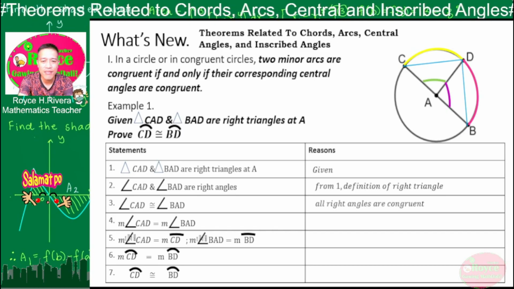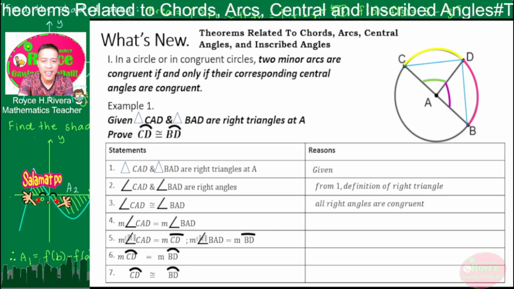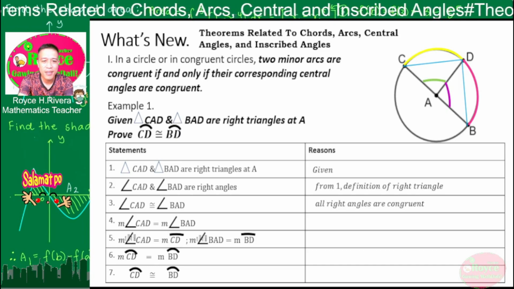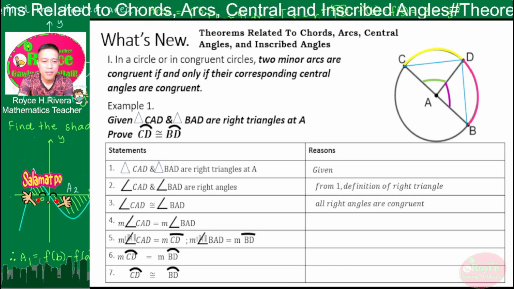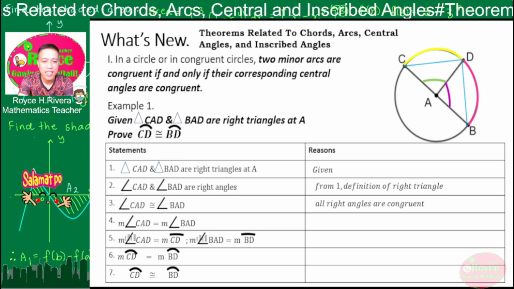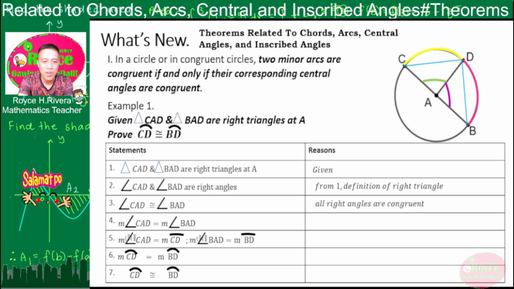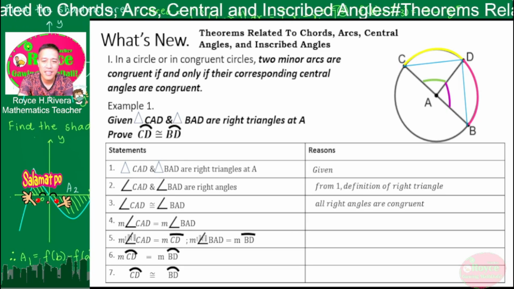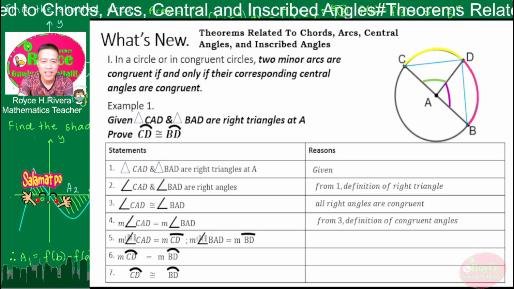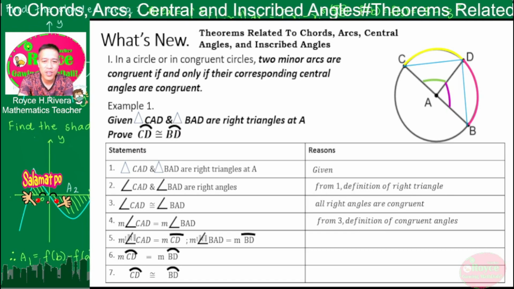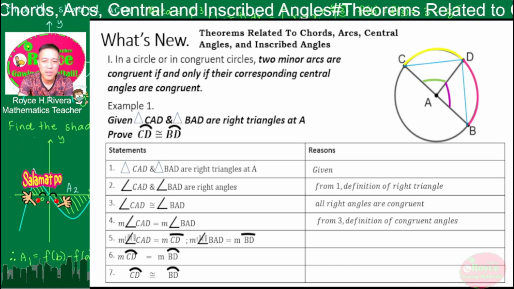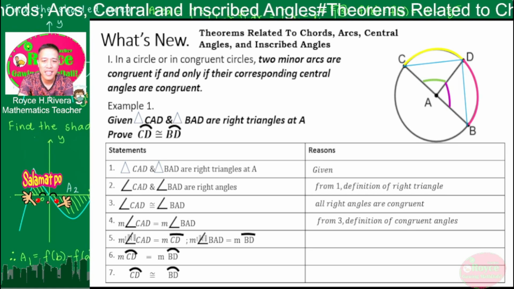For the reason, all right angles are congruent. Statement number 4, the measurement of angle CAD is equal to the measurement of angle BAD. For the reason, from statement number 3, definition of congruent angle. Congruent angles are equal in measure.